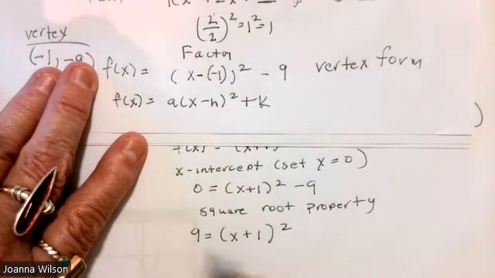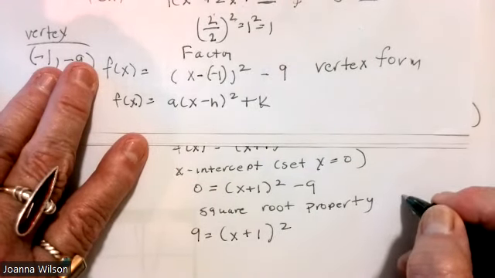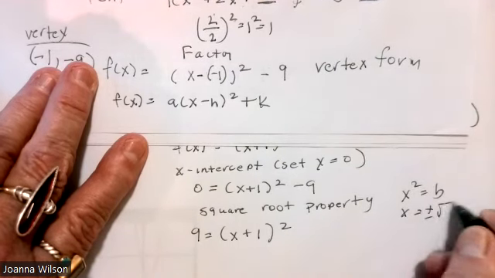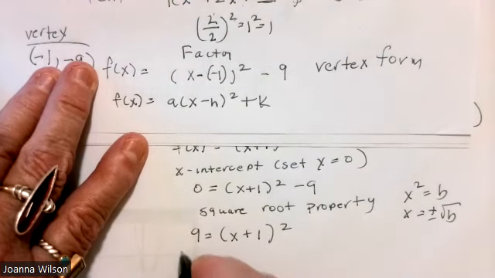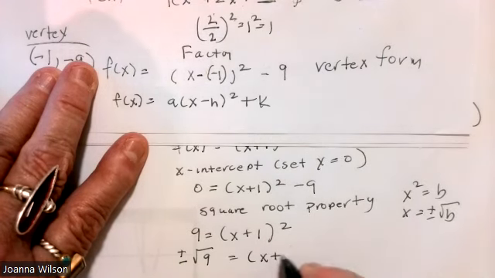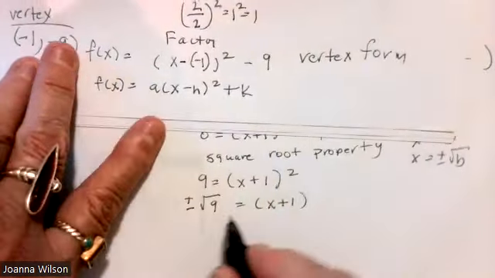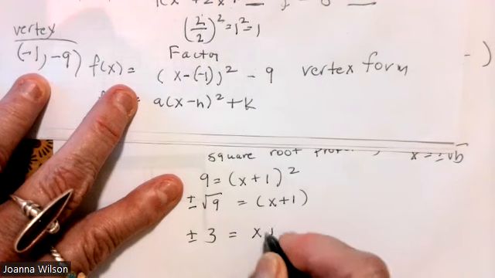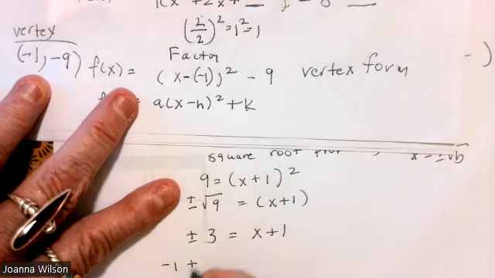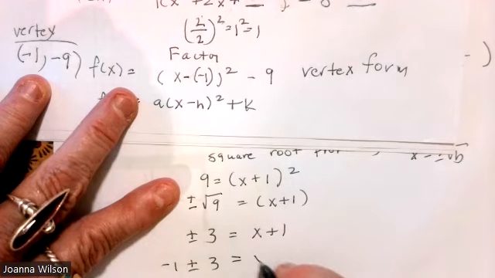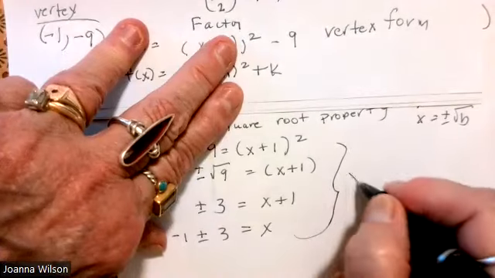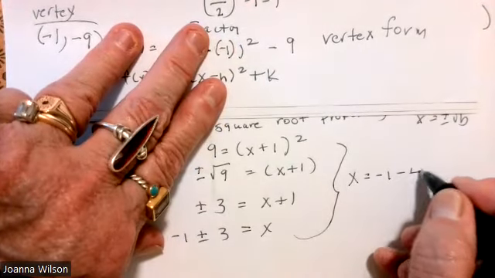And then using the square root property, it says that if x squared equals b, x equals plus or minus the square root of b. So then plus or minus the square root of 9 is going to be equal to x plus 1. Now, we know what the square root of 9 is. It's 3. And then if I just subtract 1 from both sides, I get my x-intercepts. So the two x-intercepts, we have x equal -1 minus 4.